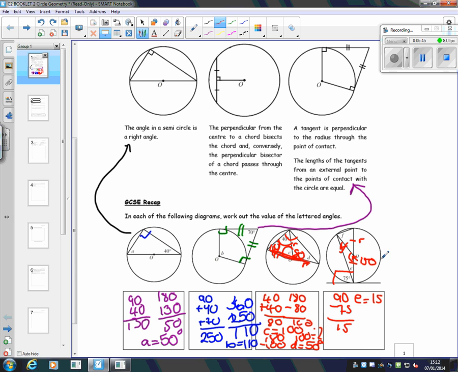But we don't need to figure that out really, because here we have an angle in a semicircle, which means that this is a right angle. We already know that this is 15 degrees because of the isosceles triangle made here. So that means that F will equal 90 minus 15, which equals 75 degrees.